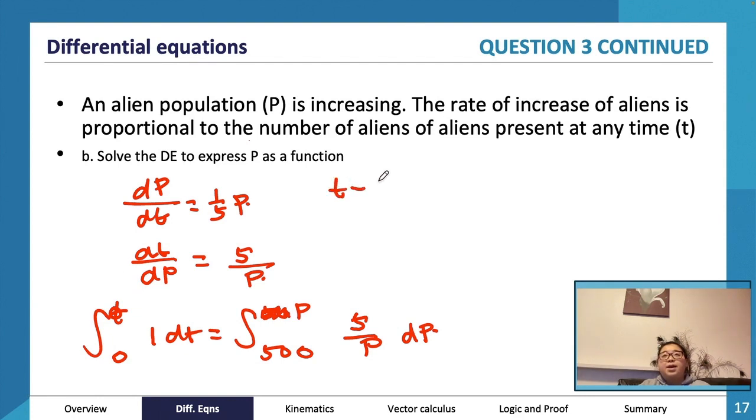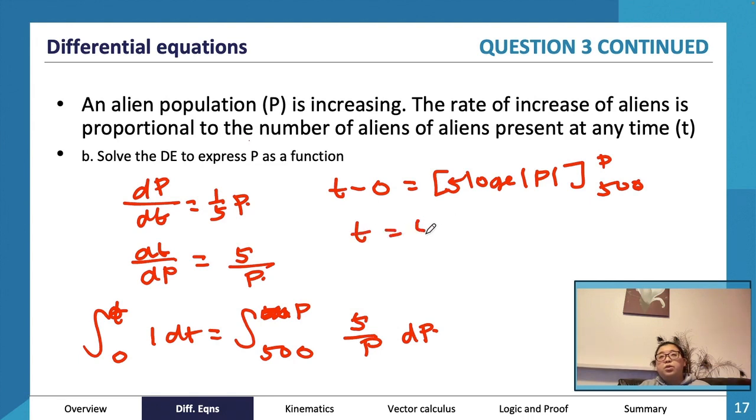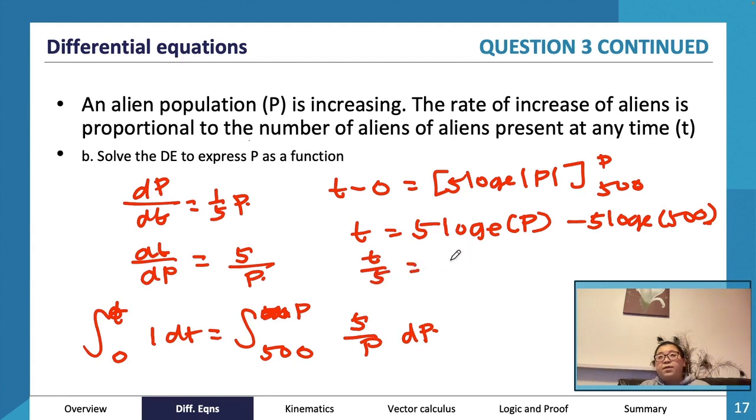So we'll have t minus 0 equivalent to 5 log_e p, evaluated from 500 to p. So t will be equivalent to 5 log_e p, and p is bigger than 0, so we can leave it as that, minus 5 log_e 500, which essentially just gives us that this is all divided by 5. So t over 5 will equal log_e of p over 500.